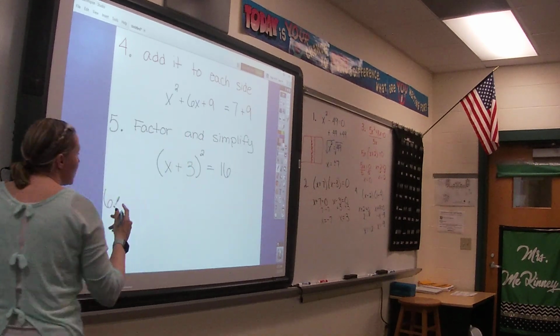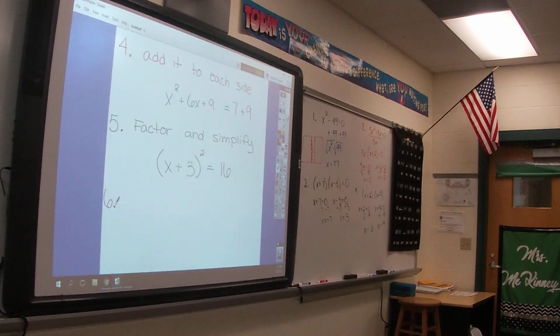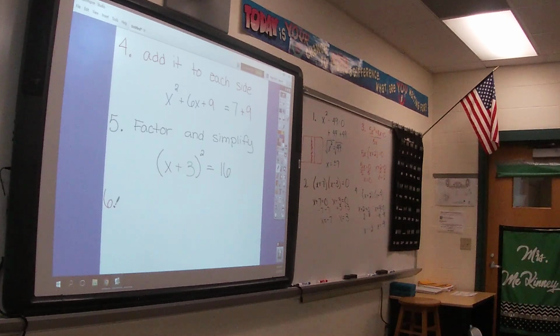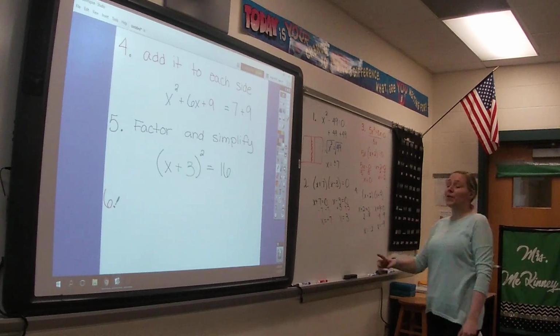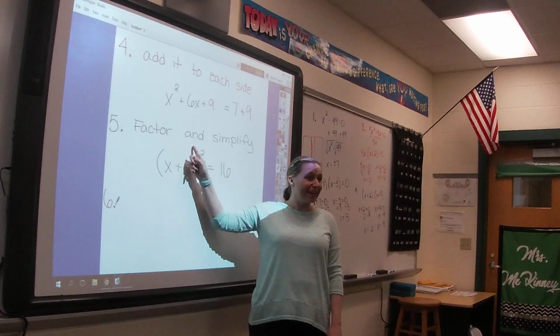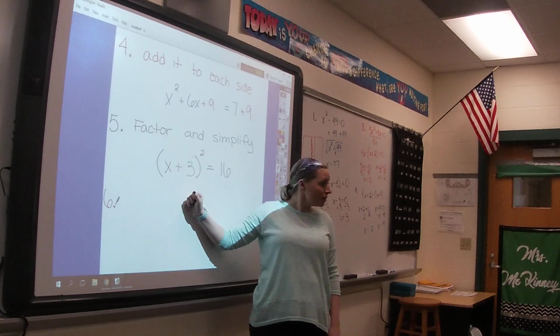Step 6, we want to start solving this now for x. Right? And if we want to solve an equation, we're going to do order of operations backwards. That was our SADMEP, which means parentheses come last. So I can't do anything with this 3 because it's stuck inside the parentheses. But I can undo an exponent of 2.